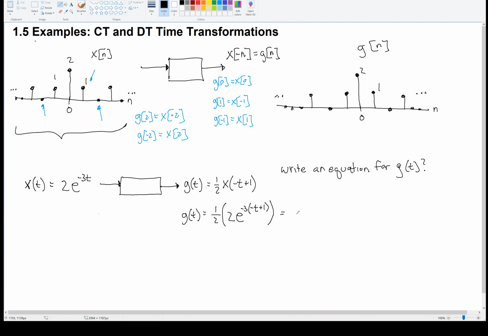And the 2 and the 1/2 cancel, and I get negative e to the 3t minus 3. Okay, so in a system that reverses t, shifts by 1, and scales everything by 1/2, if we put in 2e to the minus 3t, then what we get out is e to the 3t minus 3.